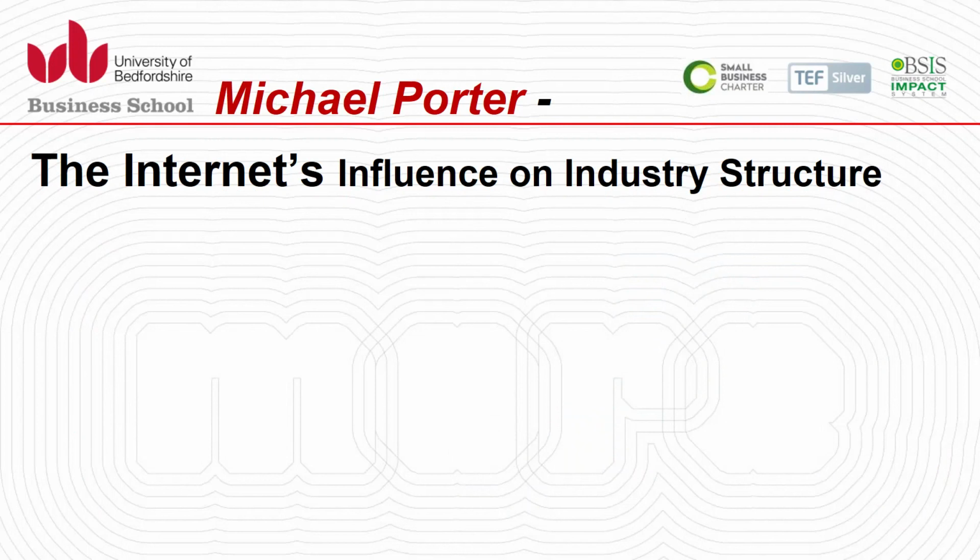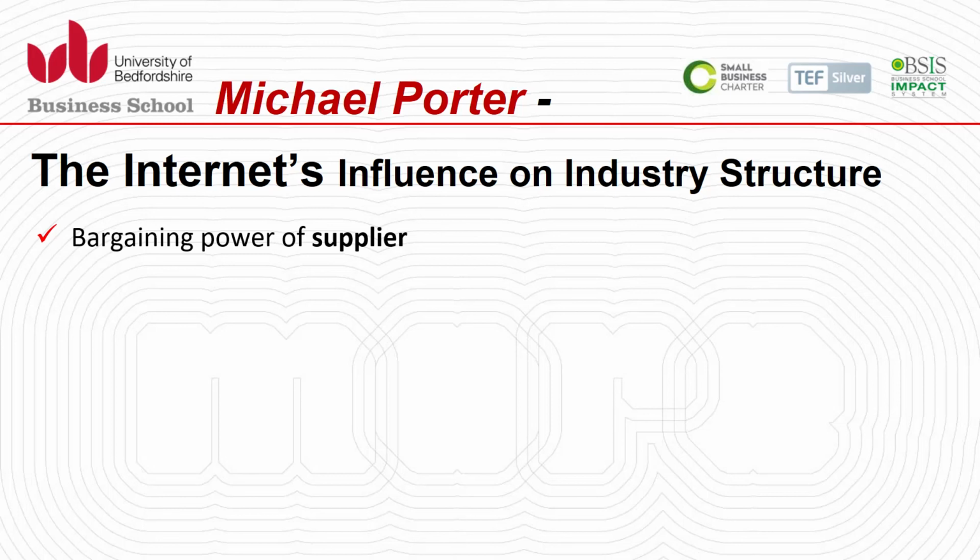So for example, what Michael Porter has already stated about the internet's influence on industry structure is very interesting to read in the article. He discusses the five forces regarding the market, the threat of new entrants, or having a competitive strategy in the market.